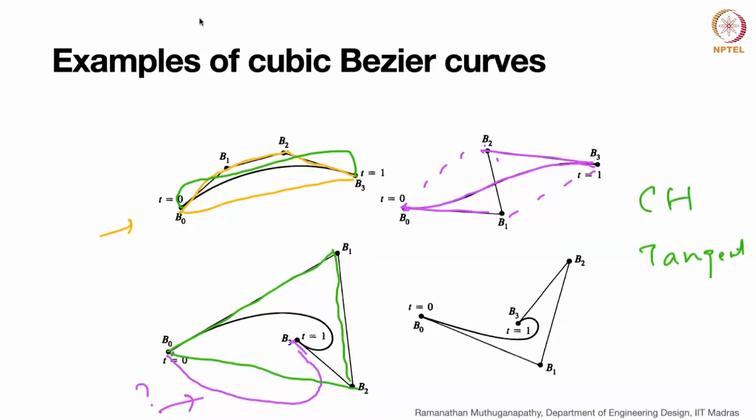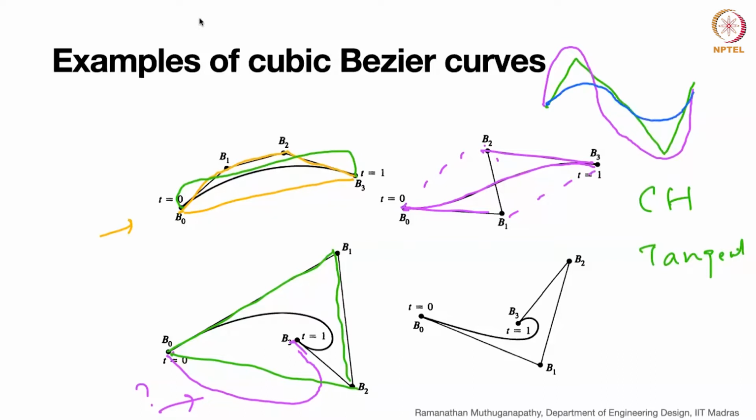For example, if I have a polygon like this, can I draw a curve like this? Is it possible? No, sir. But I can draw a curve something very much like this.